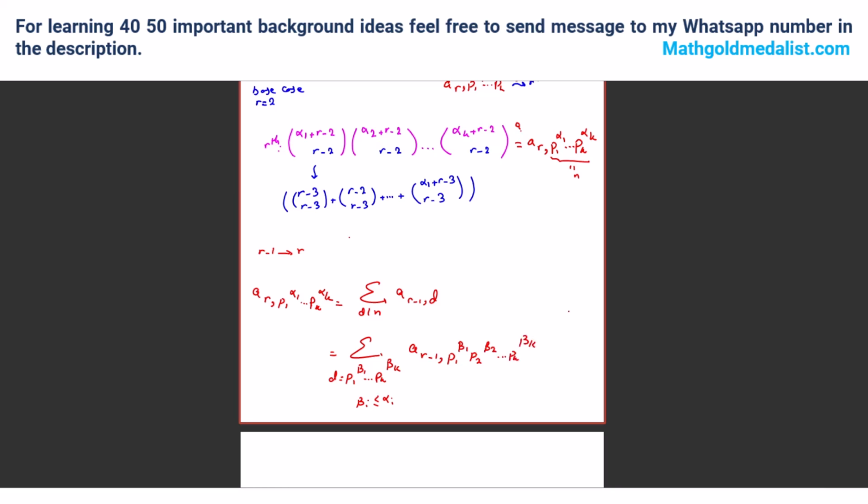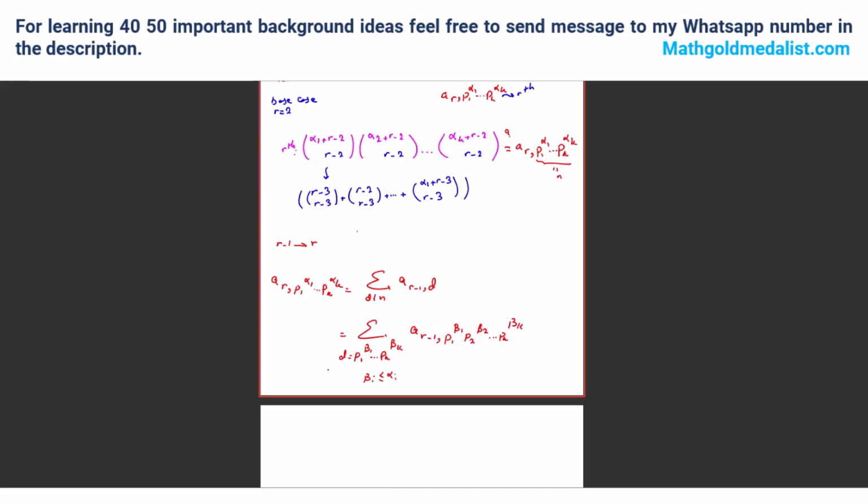Okay. So it will be what then? By applying, now I want to use this by induction for r minus 1, right? So it'll be (beta1 + r minus 3) choose (r minus 3), (beta1 + beta2 + r minus 3) choose (r minus 3), exactly, until (beta k + r minus 3) choose (r minus 3), right?